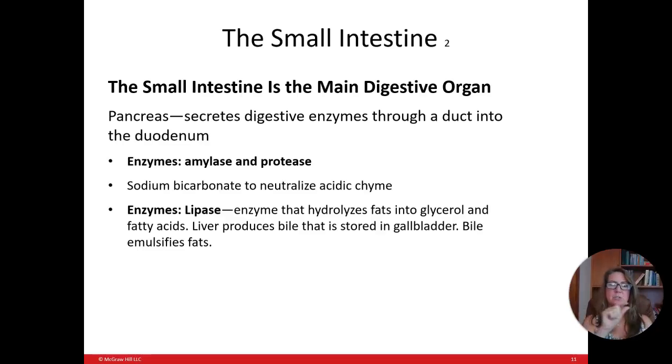The protease is going to break down proteins, really thinking about those peptides from the stomach now being completely digested into amino acids. And then we have lipase, also made by the pancreas, that is going to break down our lipids into glycerol and fatty acids.